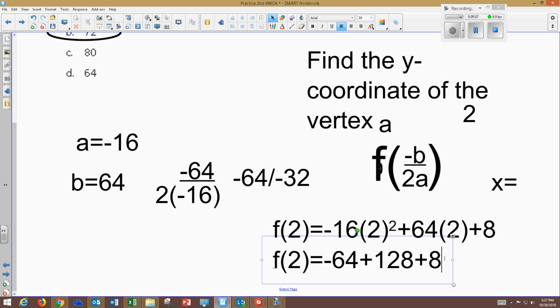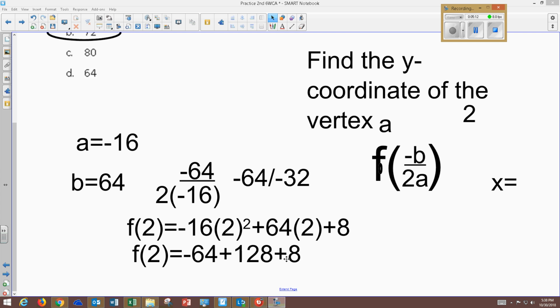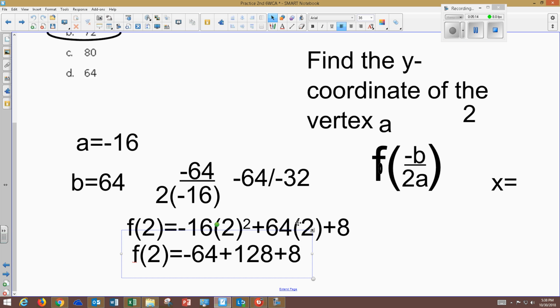If you add all that up together, negative 64 plus 128 is 64, plus 8, which is 72. So that's another way we could have done it.